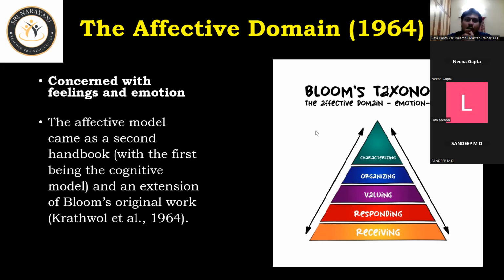I have got a question: how to decide which level to be given in examination. Thank you so much for the question, ma'am. It depends upon the blueprint of the question paper. We will be getting a document from CBSE on how many competency based questions and how many application based questions are to be asked.